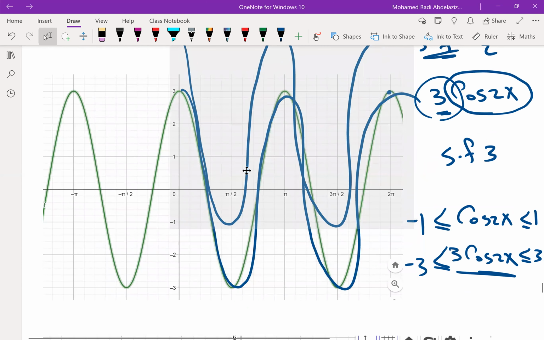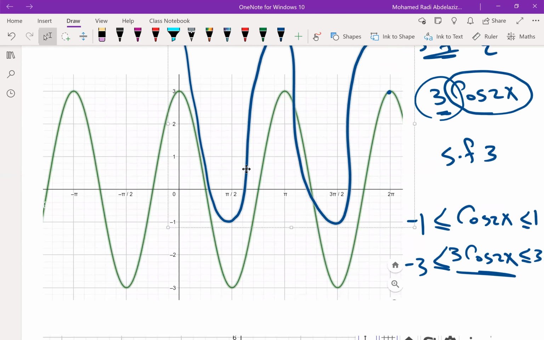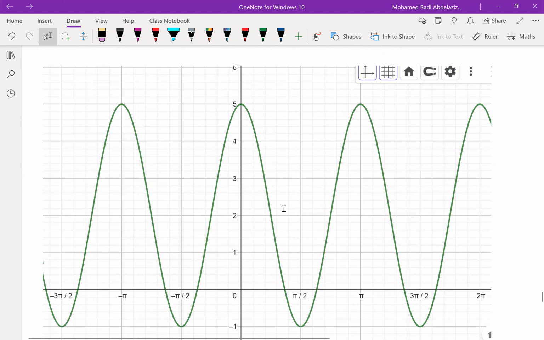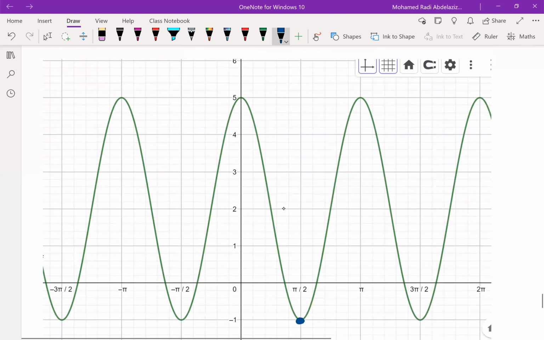If you take it up 2 units, the minimum goes from -3 up to -1. See the next graph. We move graphically from -3 up to -1. This is the minimum, and the maximum now is 5. This is the final range of the given function.